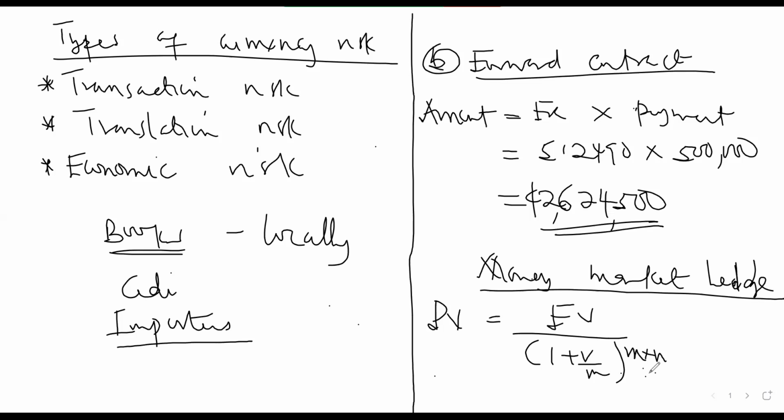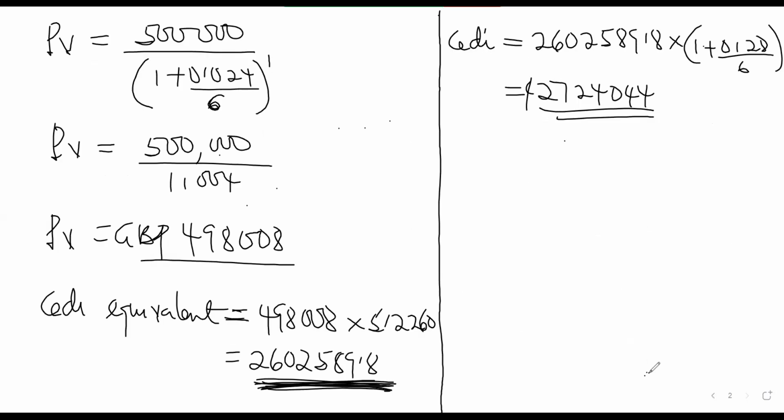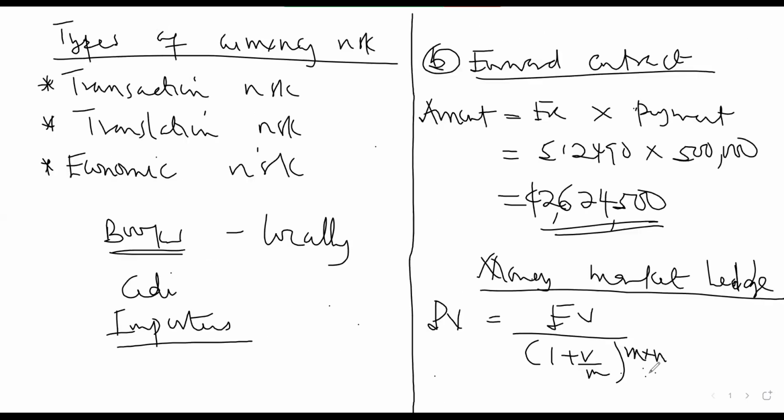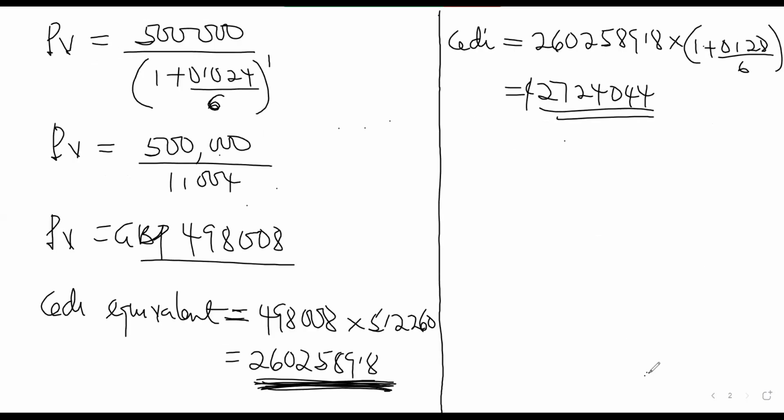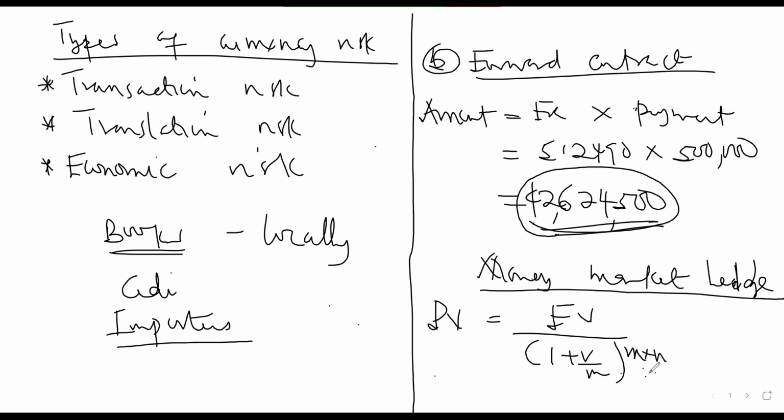You go for the forward hedge. Okay. So why should they go for the forward hedge? The forward hedge will give them the lower amount to be paid for the pound sterling equivalent, compared to the money market. So mostly what you do is that you just state the cost savings that they'll be making.